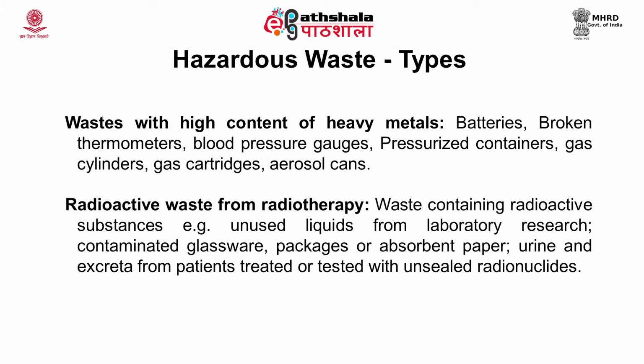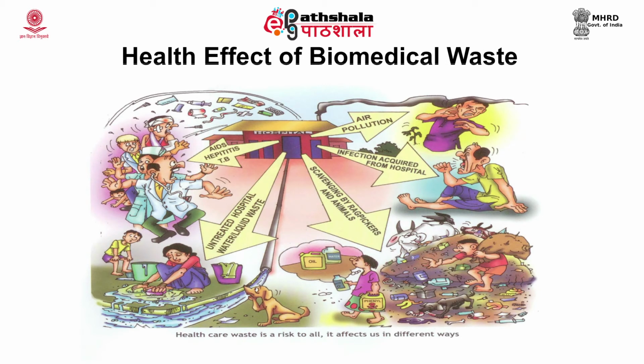Waste containing radioactive substances, for example unused liquids generated from laboratory during research, contaminated glassware, packages, urine and excreta from patients who are treated with radioactive substances, is categorized under radioactive waste. This figure shows the different health effects which are associated with biomedical waste.